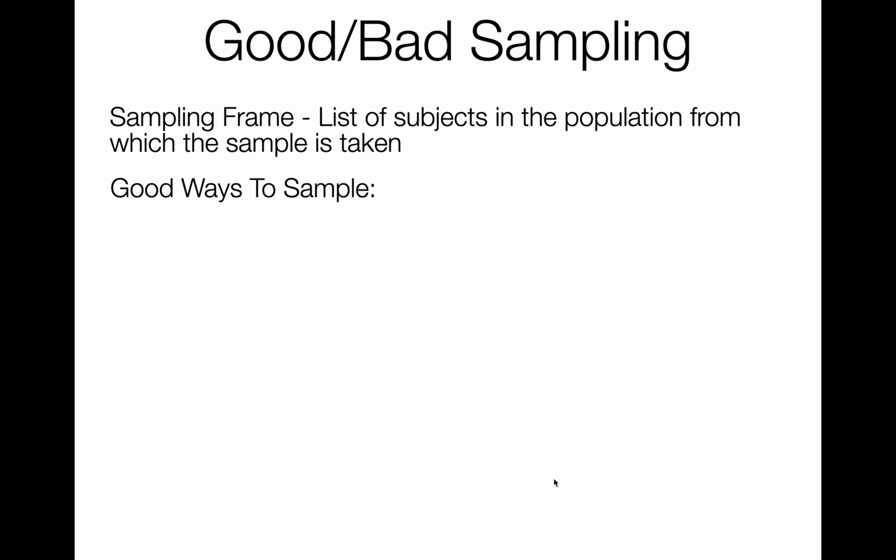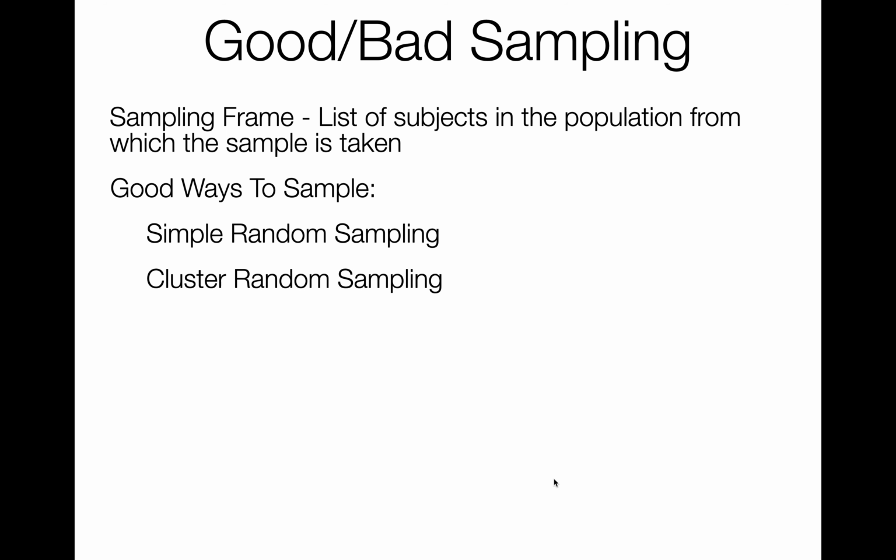Sorry about the rant. So there's a sampling frame, and there are good ways to sample, and then there are bad ways to sample. We'll talk about each. Some good ways to sample, which we'll focus on: one is called a simple random sample, or simple random sampling. Another one is called cluster random sampling, and the third one that we'll talk about is called stratified random sampling.